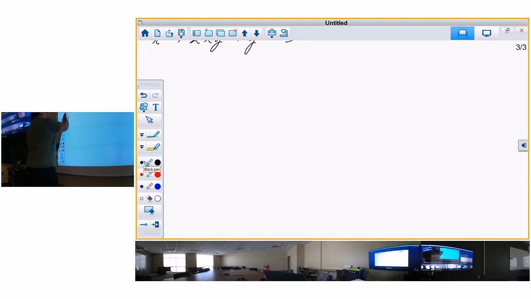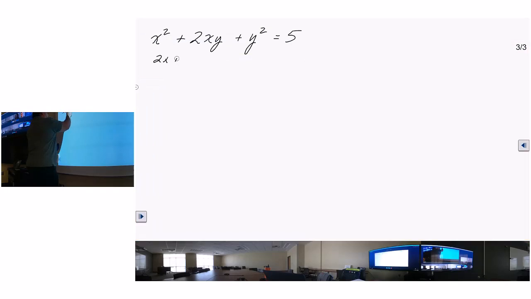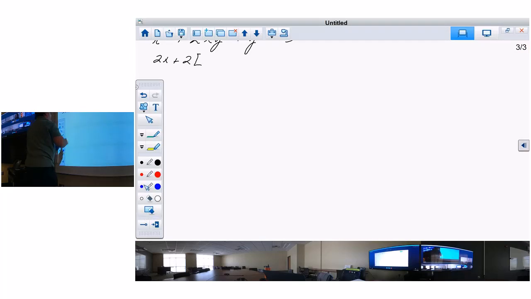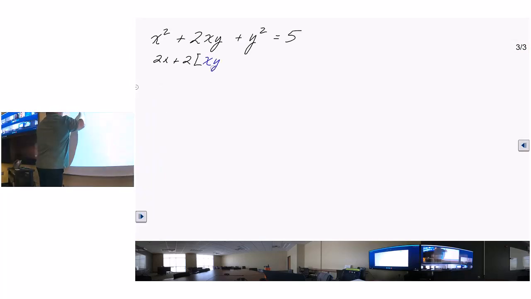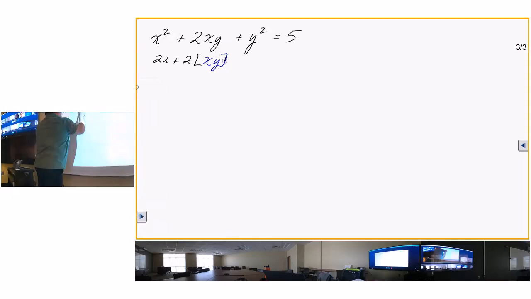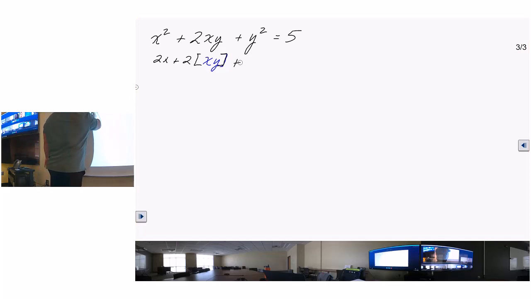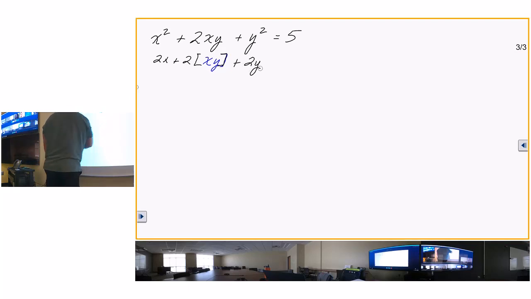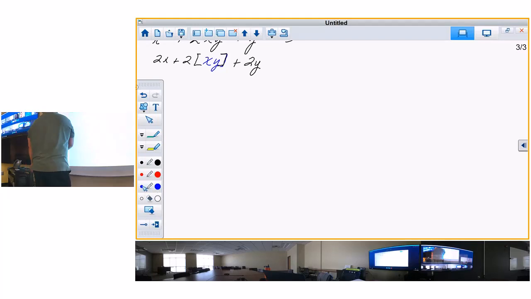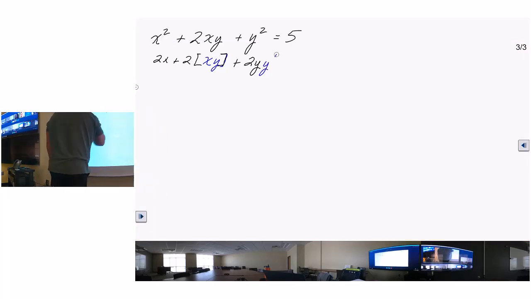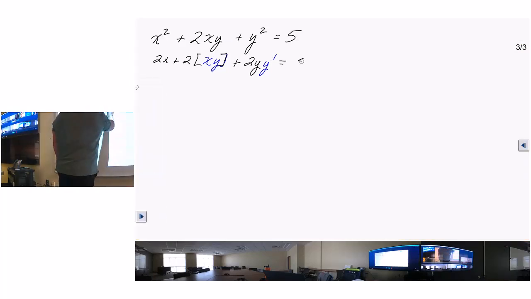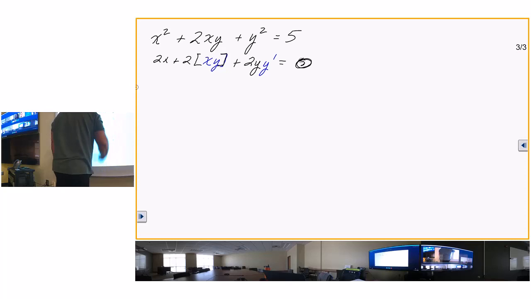So we got 2x plus 2 times, and I'm just going to put this in blue, xy, because we're going to come back to that. Plus 2y times y prime is equal to 0.